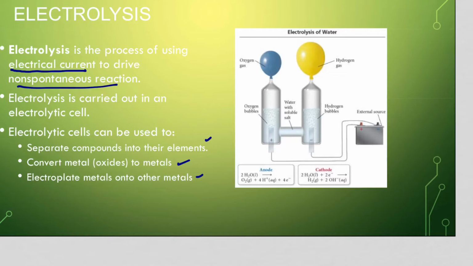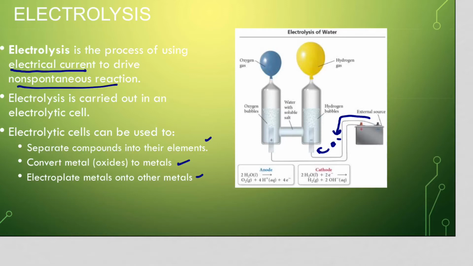The way an electrolytic cell works is we have our cathode hooked up to the negative terminal of our battery. So electrons are going to be flowing out of here. Remember, this is the anode of our battery. And so we're essentially forcing electrons into the cathode to cause the reduction.